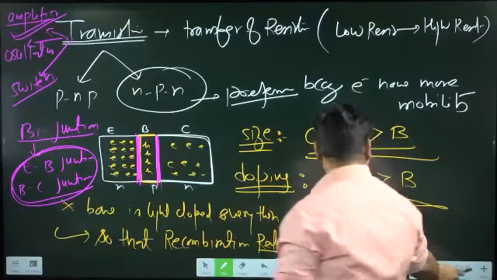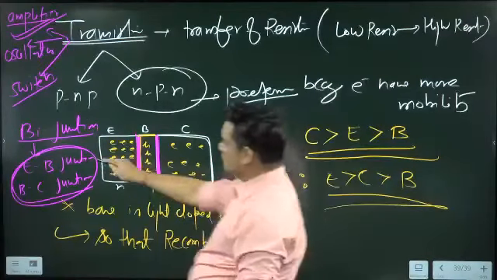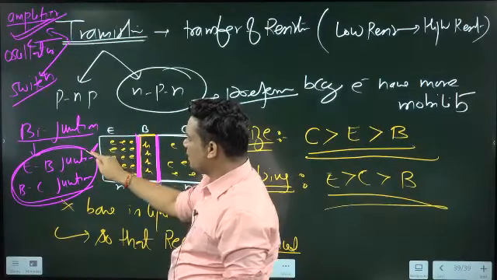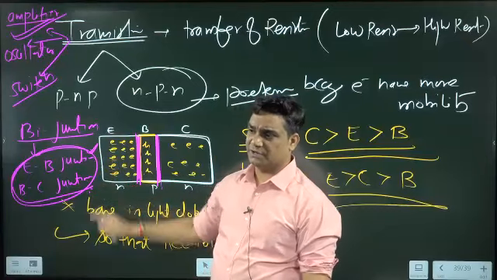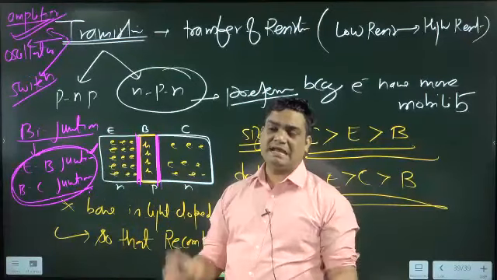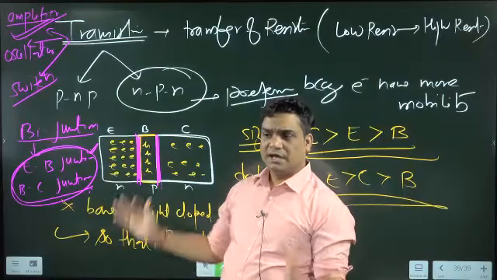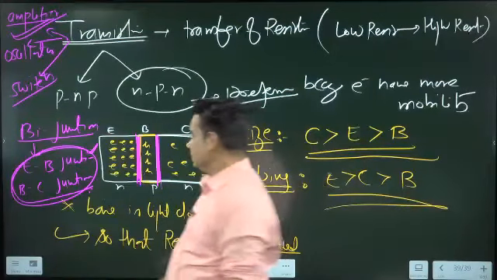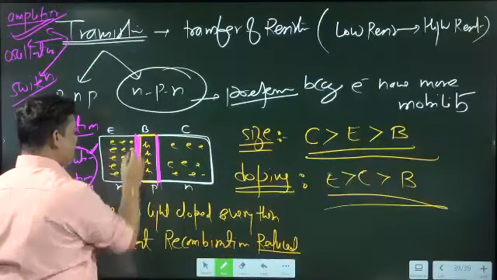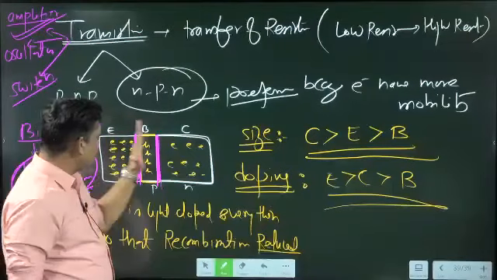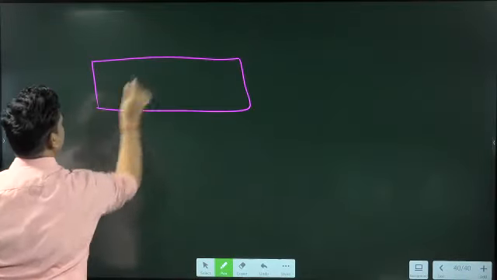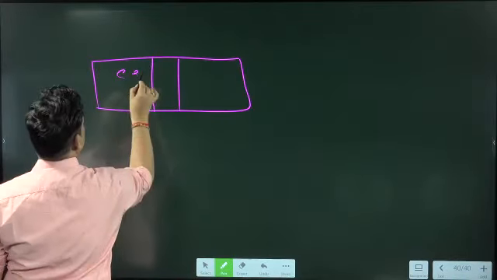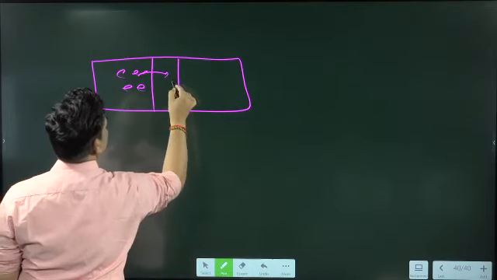Out of these two junctions, you can apply forward here, reverse here, or forward here, reverse here. So if you apply like this, what happens ultimately: it will allow current or not allow current. If you make the emitter forward, this will allow current this side. What you actually want is that the emitter should emit, these electrons should come from here, and then reach here.